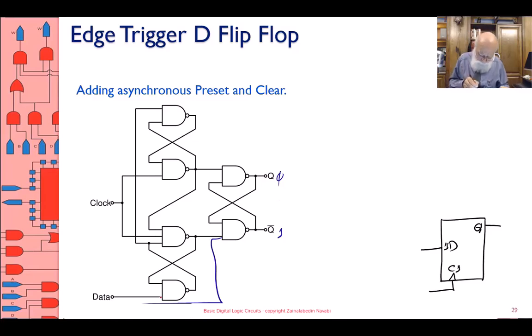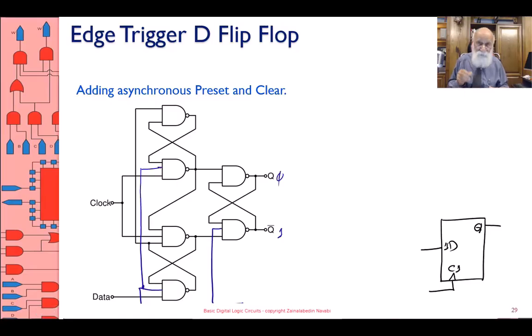In order to do this, I'm going to bring this input, without explaining the logic behind it, to this lower NAND gate, as well as this, like I said, without going through the logic of it.